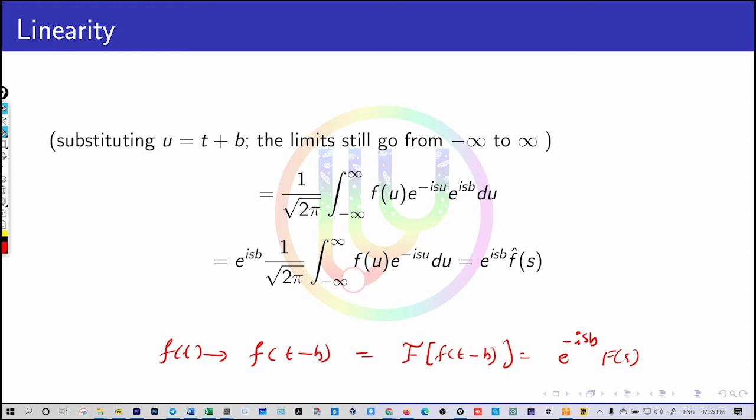In general, writing both together, the Fourier transform of f of t plus or minus b is equal to e raised to plus or minus i s b F of s. So this is the idea. This is called the shifting theorem.